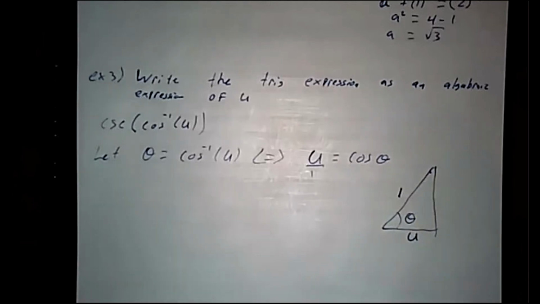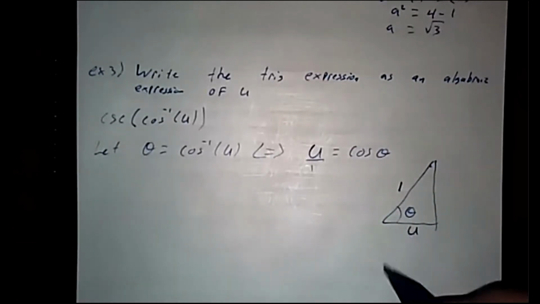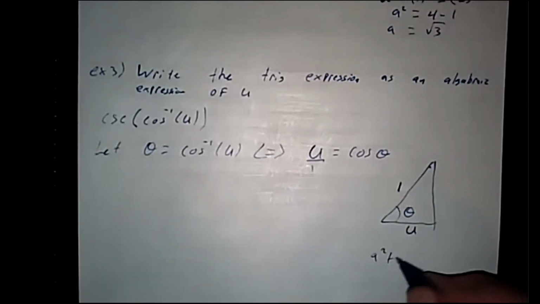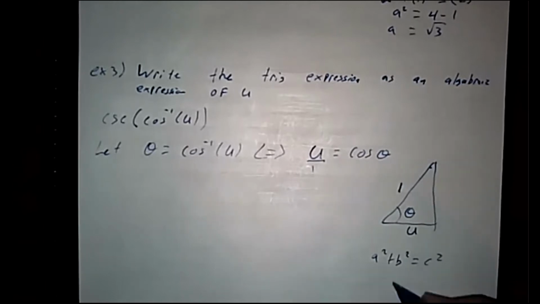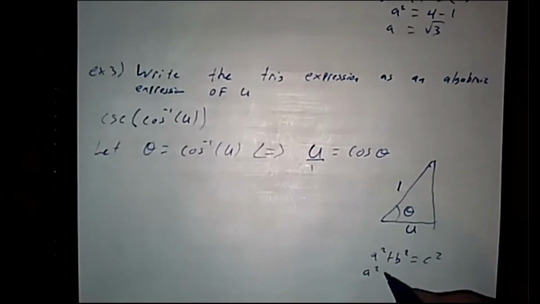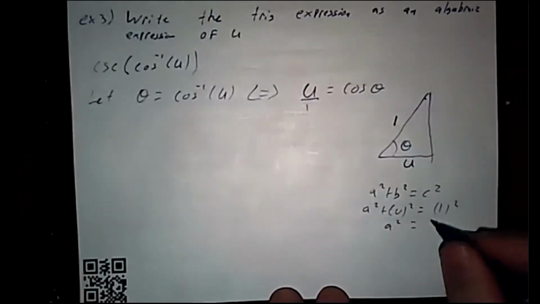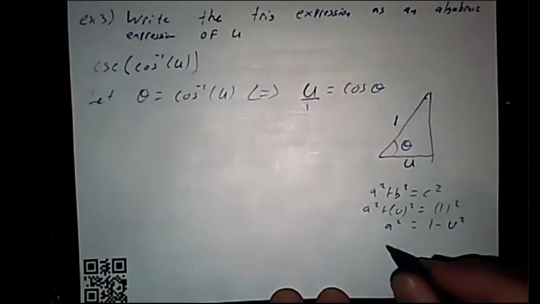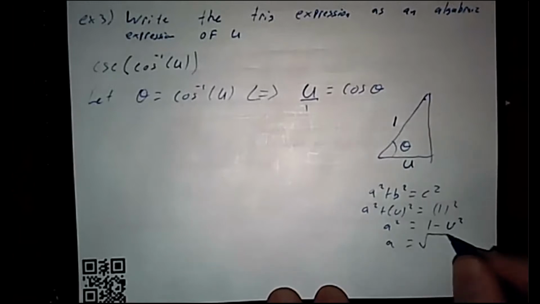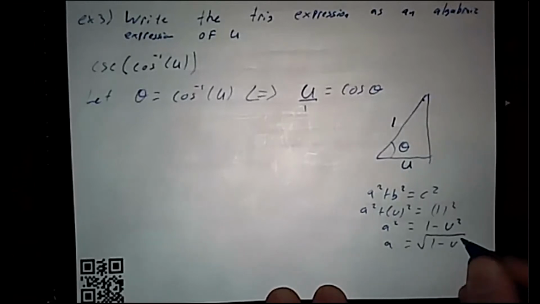So solve for the missing side. We've got a squared plus b squared equals c squared. We're looking for a, b is u, c is 1. So a squared would be equal to 1 minus u squared. So a is the square root of 1 minus u squared.